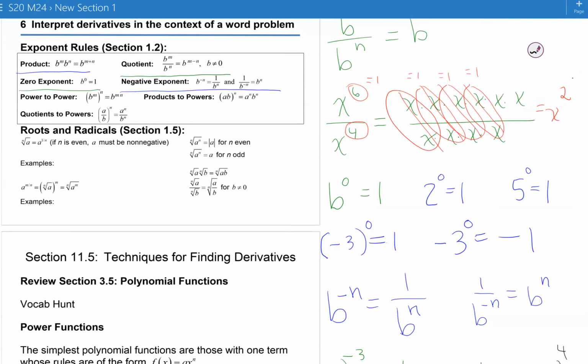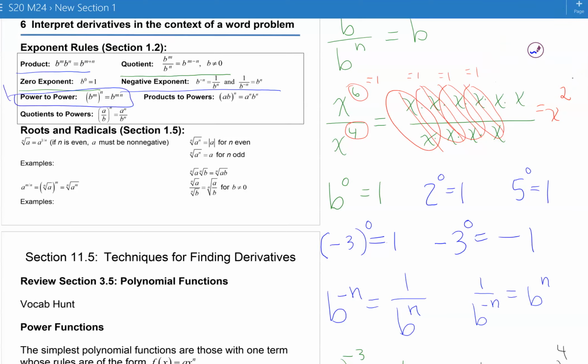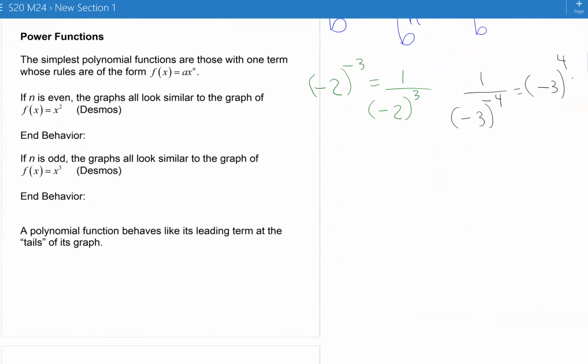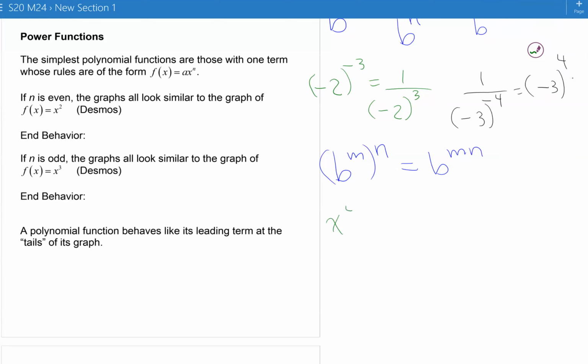Okay, so then let's talk about power to power. And these two are often confused, so make sure you're super clear on power to power. If I have b to the m to the n, this is when the exponents multiply. And again, if you're not sure, do this with small numbers.